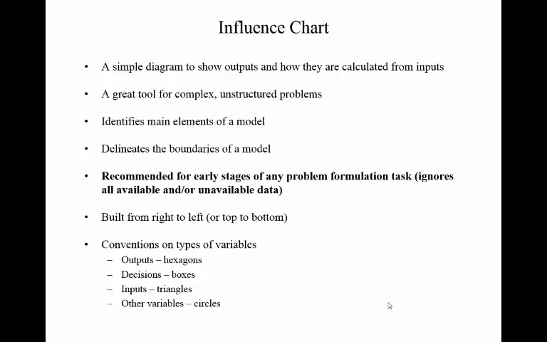Inputs, which would typically be parameters or data provided, usually have the symbol of a triangle. And then what we call the intermediate variables, in other words, summations as you go through the model and so forth, usually we just treat those as circles. So you think about it, you've got a hexagon on the far right saying this is your key output.